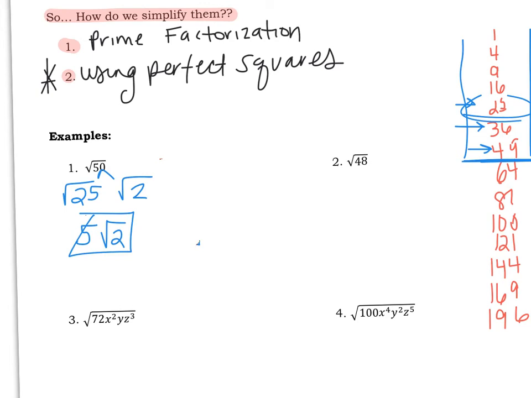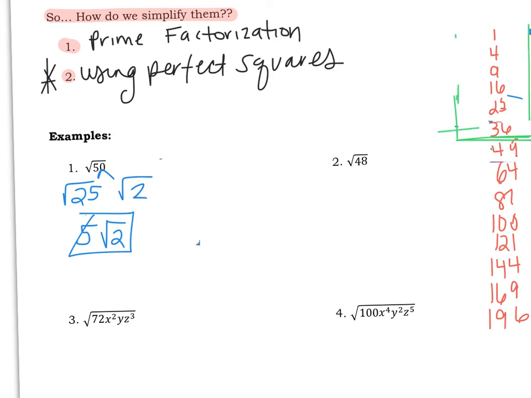So let's go ahead and do number 2, which is the square root of 48. So 48, let's see where 48 would fall. 48 falls somewhere between 36 and 49, which means I can only use these numbers up here that are my perfect squares.